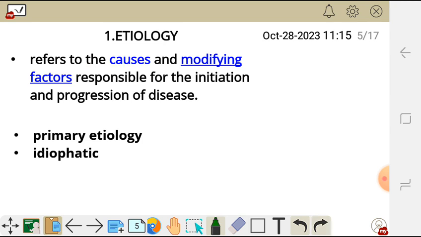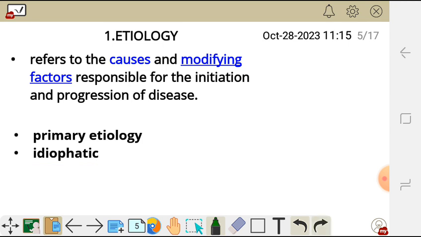So etiology is simply the cause of a disease. And if the cause of that disease is known, that is referred to as primary etiology. And if it is not known, then we say it is idiopathic. Okay, so that is all about etiology.